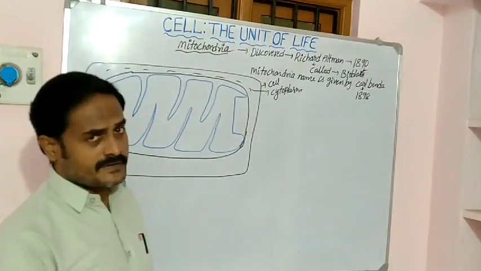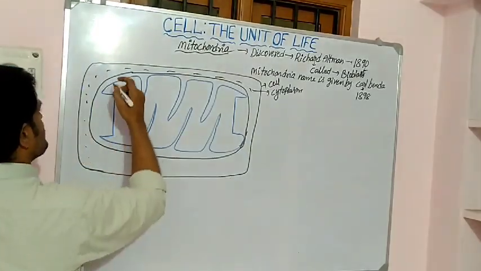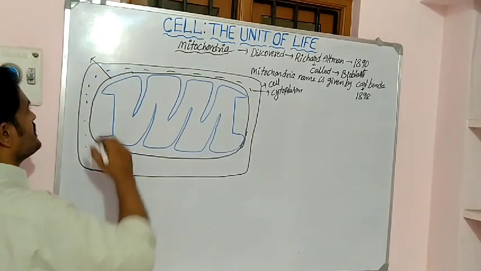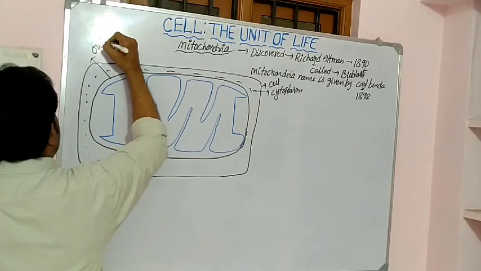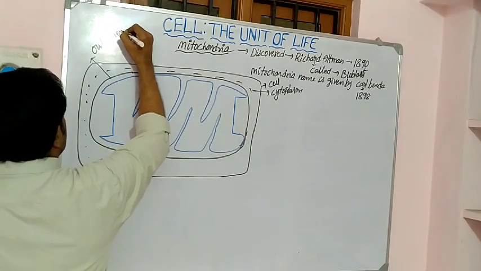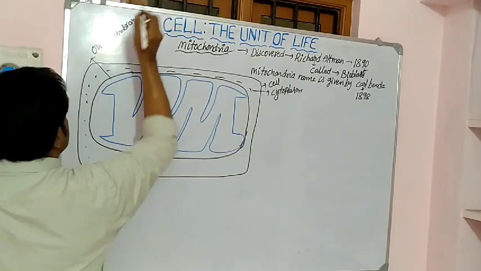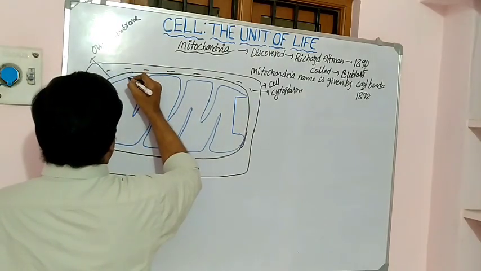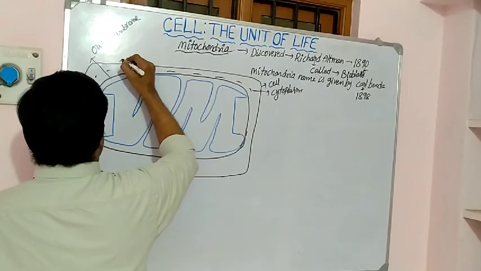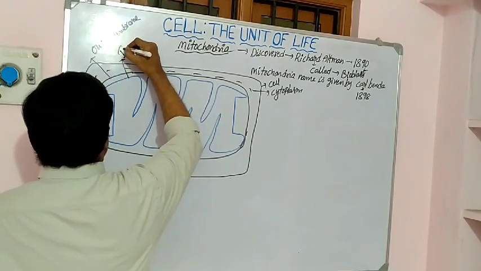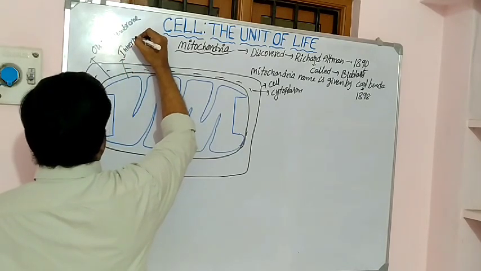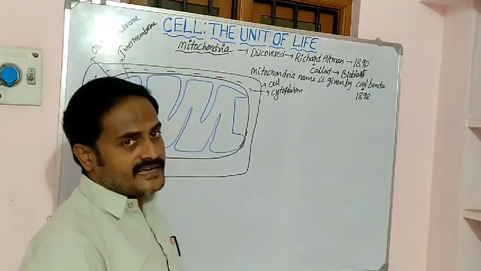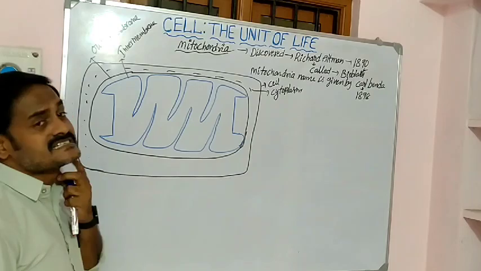So what are the double membranes? The outermost membrane of the mitochondria is called the outer membrane, or outer compartment. Like that, the innermost membrane of the mitochondria is called the inner membrane. So mitochondria is a double membrane structure.